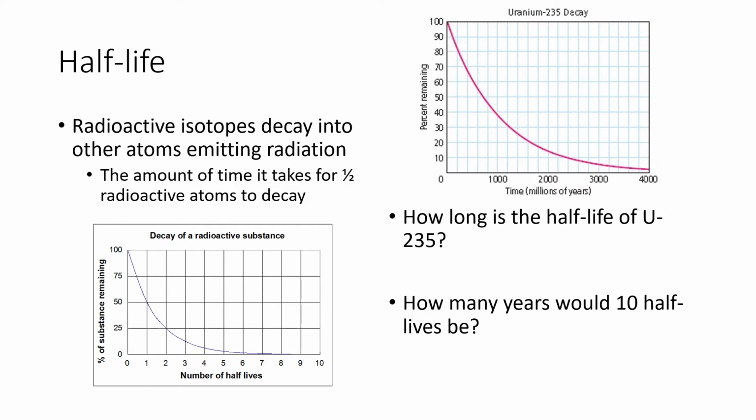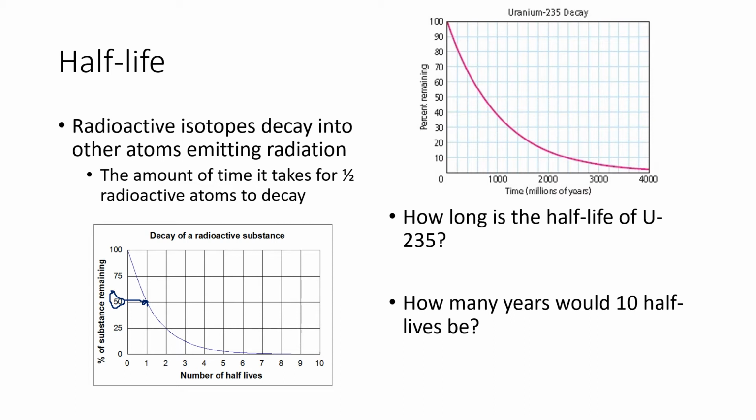So I'm going to try and draw on the slide for you here. So let's say I have the percent of substance remaining. If it's breaking down by half, right, it's 50%. That would give me 1 half-life, and on it goes. So that 50% is broken down by half, which would be 25%, and each of those materials is going to get broken down by half, by half, by half.